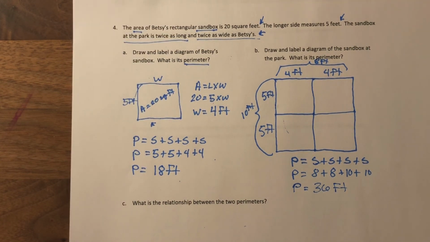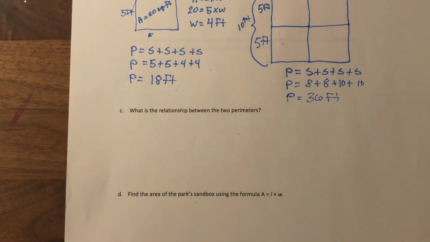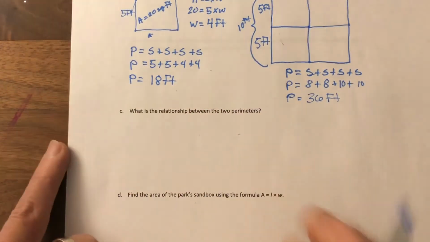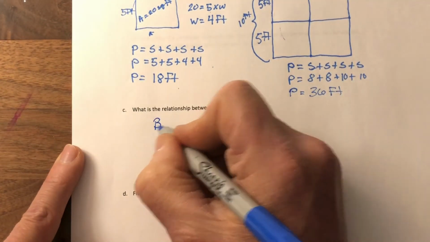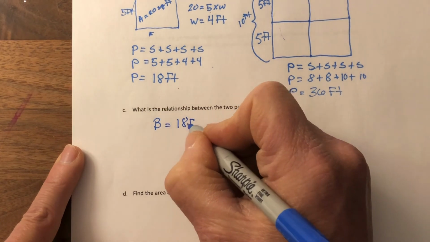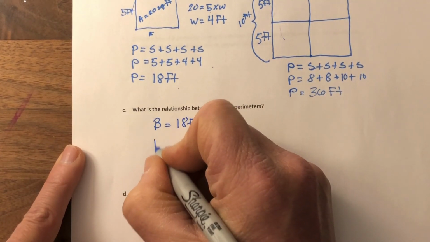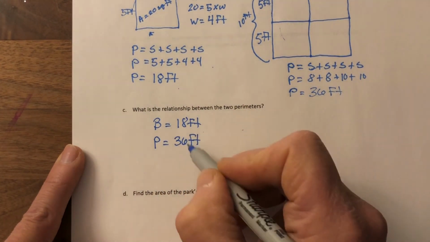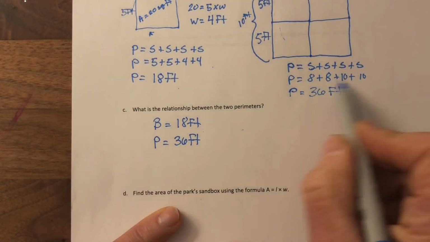That's great. All right. So what is the relationship between the two perimeters? The relationship, I think it's asking us for the multiplicative comparison. Having a hard time saying that word today. So Betsy's sandbox is equal to 18 feet, and the park's is equal to 36 feet, okay? So I need to know what the difference is here, and I kind of figured it out over here.